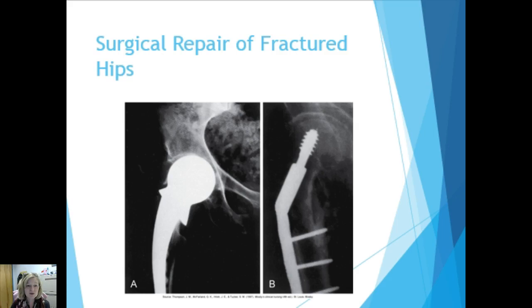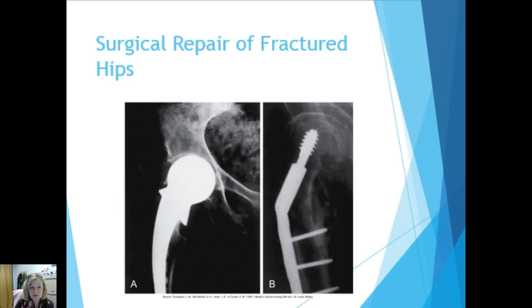It's used where there's been an intracapsular fracture, so a fracture anywhere on the neck of the femur into that acetabulum would often be treated with an endoprosthetic, and that's going to allow for early mobilization. Intracapsular fractures usually get a replacement of that whole head of the femur, like I said.